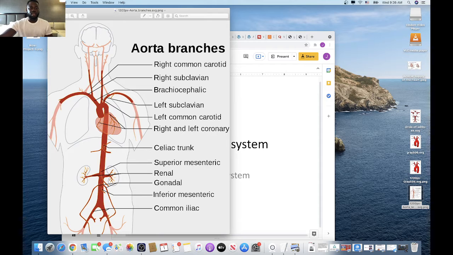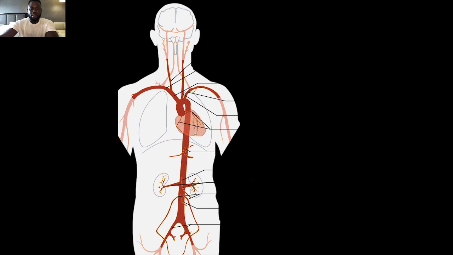As you can see, we'll start from the heart here, and then we'll look at the ascending aorta, and then the arch of the aorta, the descending aorta. We'll look at the abdominal aorta here, and then we'll also look at the thoracic aorta at this side.